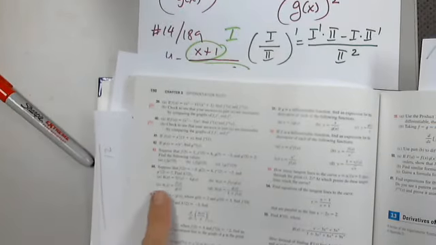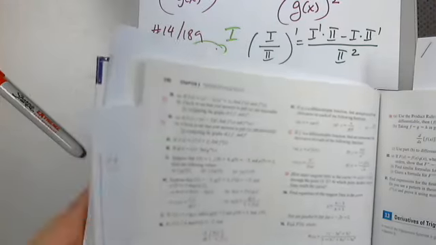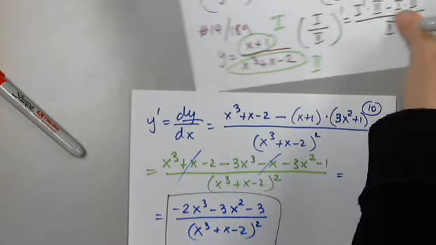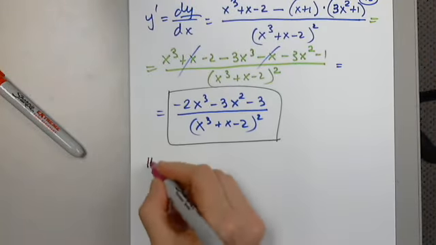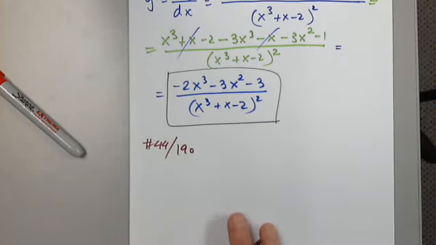Let's copy. Any preference? You want to do D. Very good. So that's problem 44 on page 190. So we're basically practicing the product rule and the quotient rule. That's all we're doing right now.